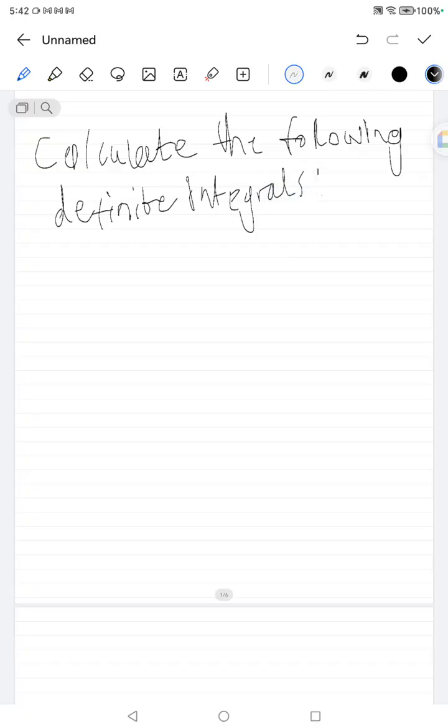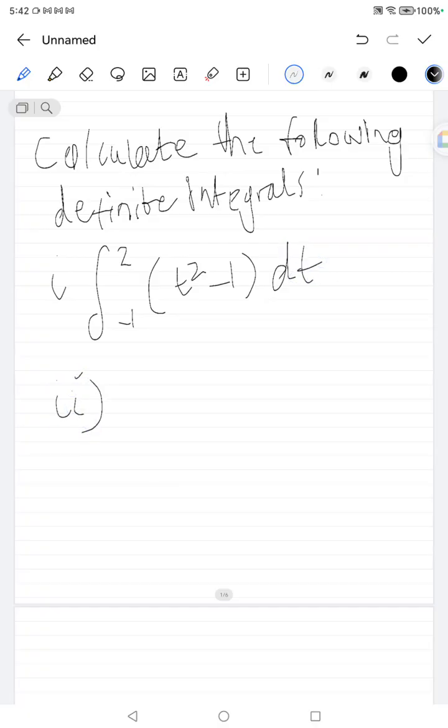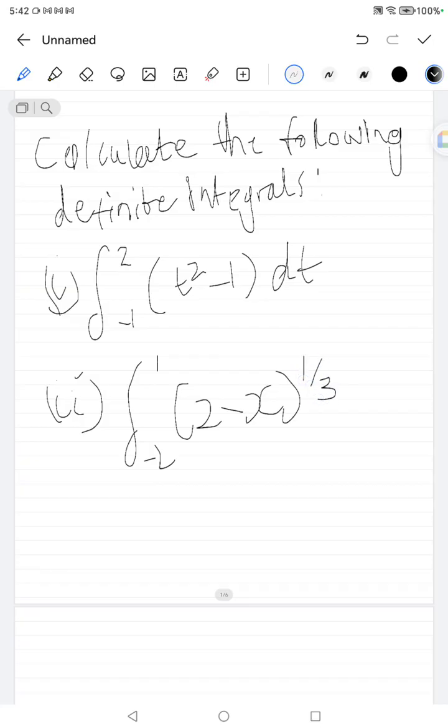So the first one that they had was the integral between 2 and -1 of t squared minus 1 dt. Then the second one, they had this one which is between 1 and -2, then you have your 2 minus x to the exponent 1 over 3 dx.